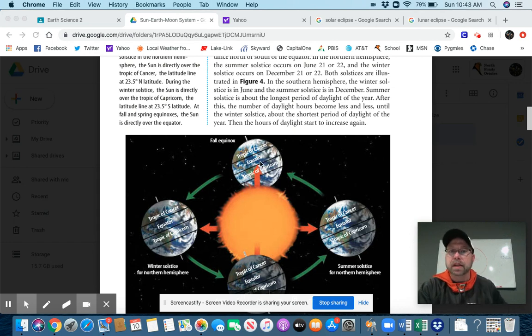Now, we continue on in our orbit around the sun to get to the opposite side where we are tilted away from the sun. This would be the winter solstice, the first day of winter. And we continue on in our orbit around the sun, and we are back to spring. Again on this day, the spring equinox, we would have an equal number of daylight hours and nighttime hours.